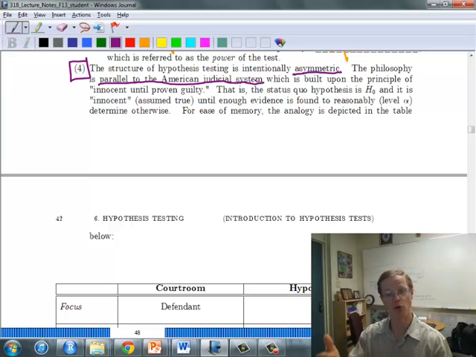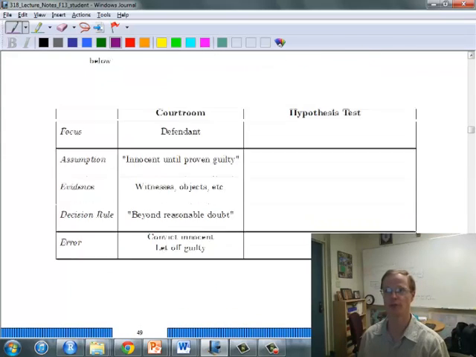And the goal was to keep the innocent out of prison, so much so that we would let 10 guilty go, possibly even 100 guilty go, for every one innocent that is put into prison. And that's why we have this innocent until proven guilty, and guilty only when evidence is beyond the shadow of a doubt.